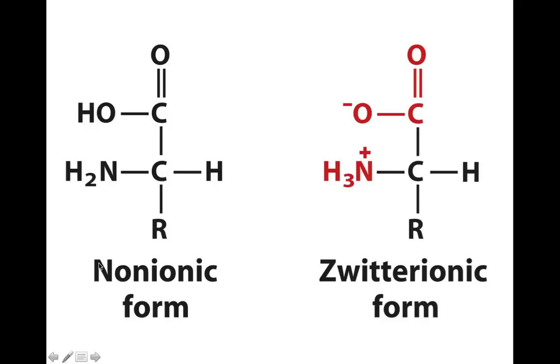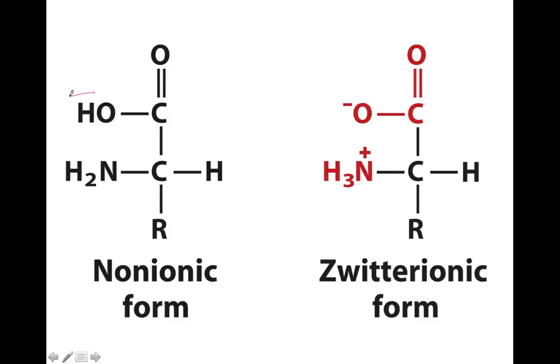Another term you have to be familiar with is the non-ionic form and the zwitterionic form. Now look at the difference between the two. Alright, now if you watch, it's here. So the zwitterionic form is basically where you would lose the proton on the carboxylic group.